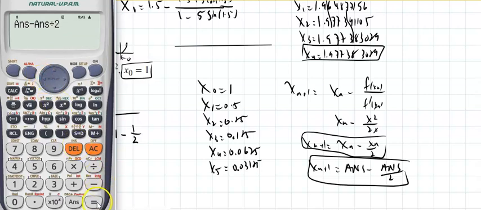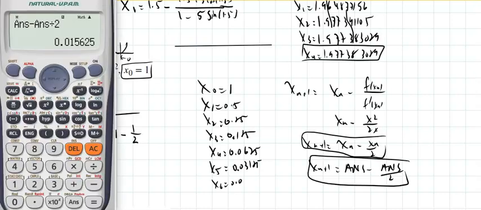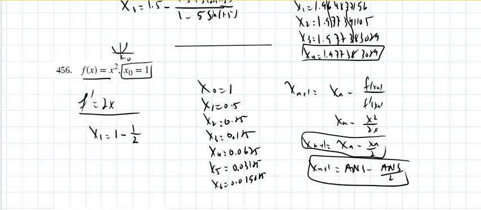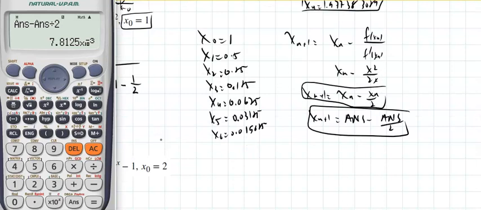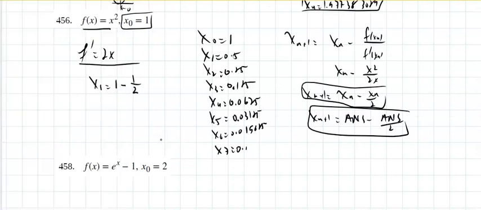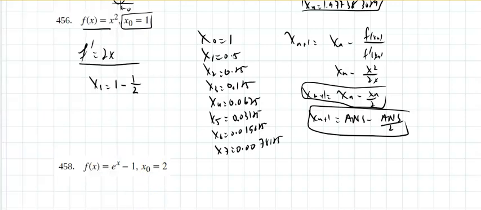Hit it back and do it again. 0.015625. Another iteration. That's 0.00, 2 zeros, 78125.